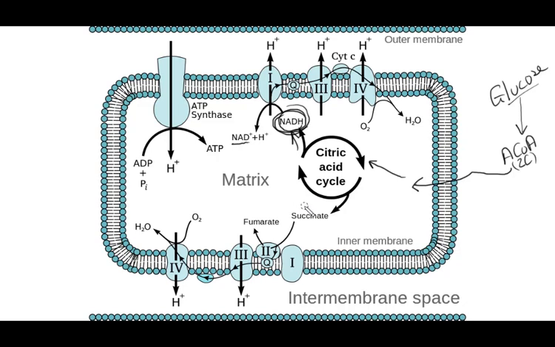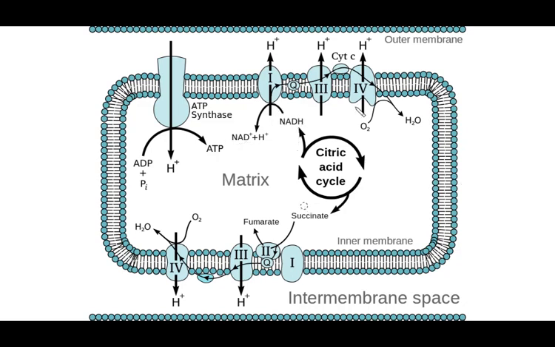Now the goal is to create ATP, and what I want to show now is how this biochemical process is being exploited in order to create ATP. So I want to bring your attention to the structure of this whole thing here, found inside the inner membrane.